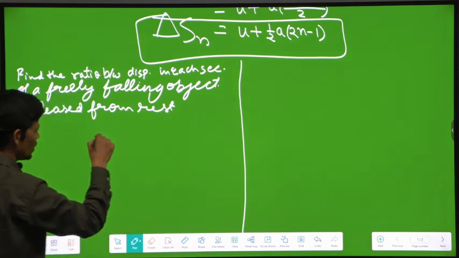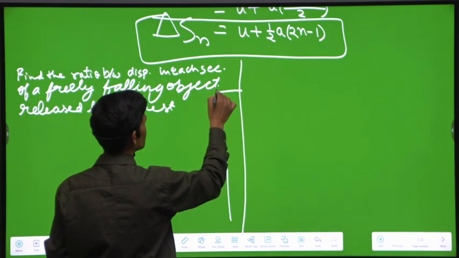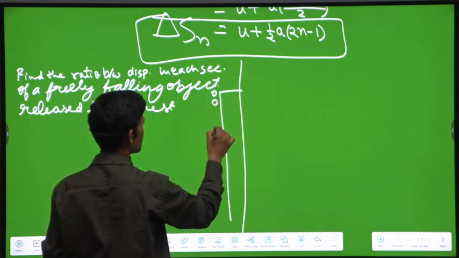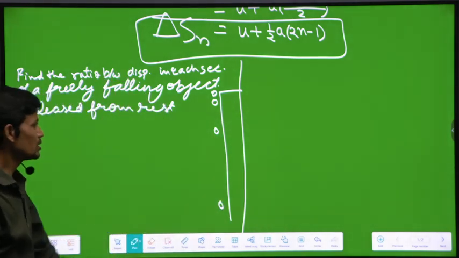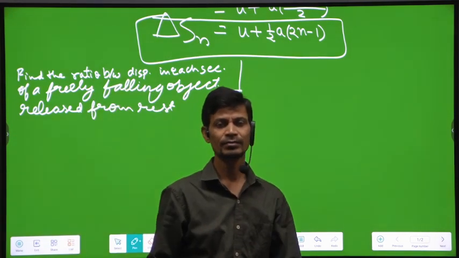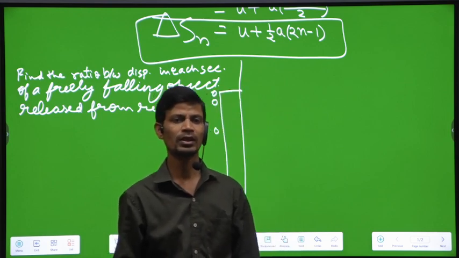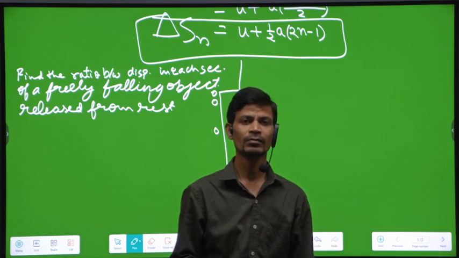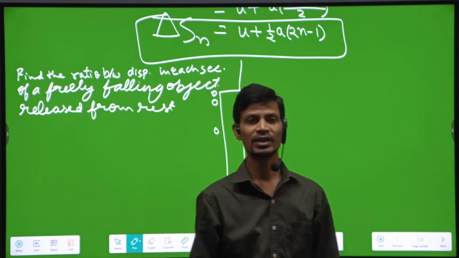So if a body is dropped from somewhere here, then initially its velocity will be 0, then in 1 second, next second, maybe next second, and so on. You can do this experiment safely from a tall building of 2 or 3 stories. More than that is also good, in fact superb, but there should be some safety.